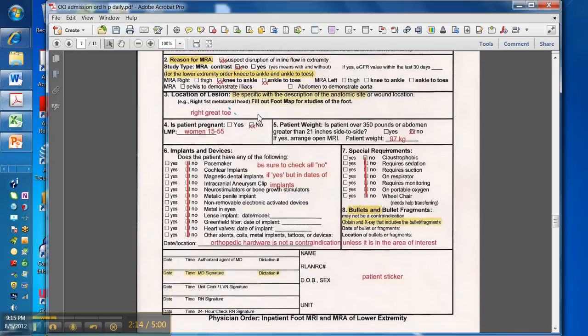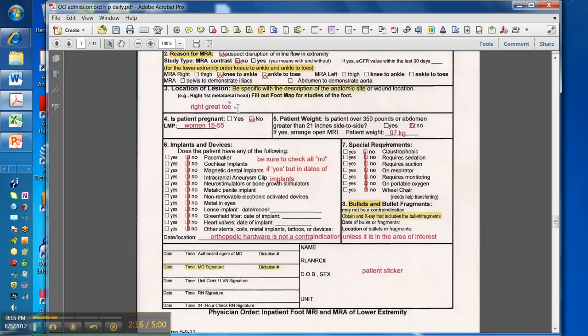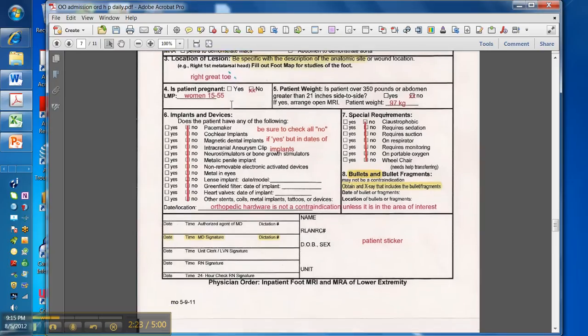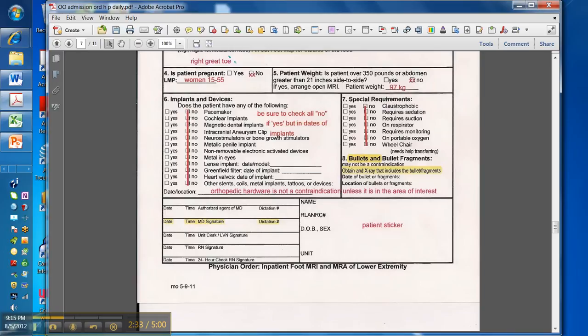Be sure that you are specific with the area that's infected, that somebody's not pregnant, and how much they weigh, and that they're not bigger than 21 inches side to side. And then be sure to check off no for all these things unless they have one of them.